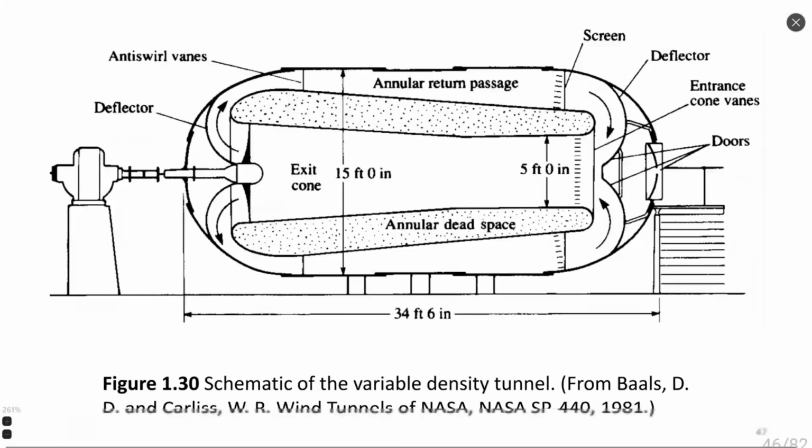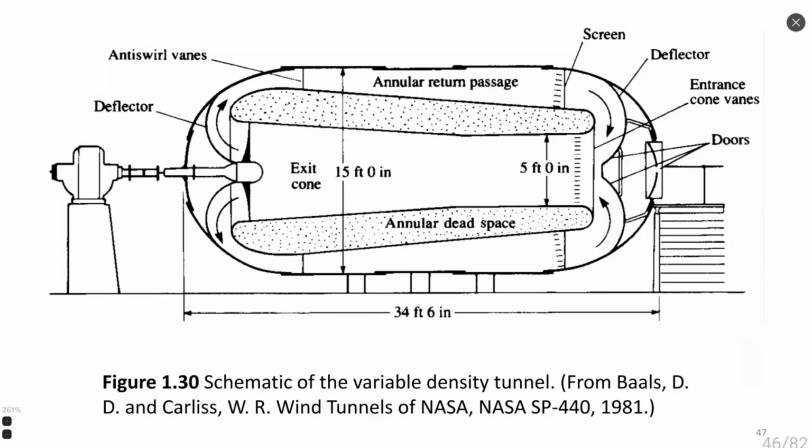Inside part of this wind tunnel, variable density tunnel, is shown on this picture. There is a vent, a turbine that operates, that creates flow velocity, and there is a passage around the test section that allows to bypass, to circulate air.